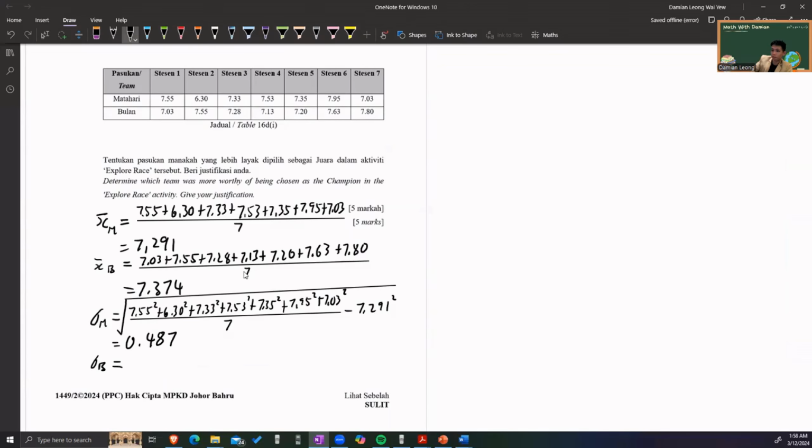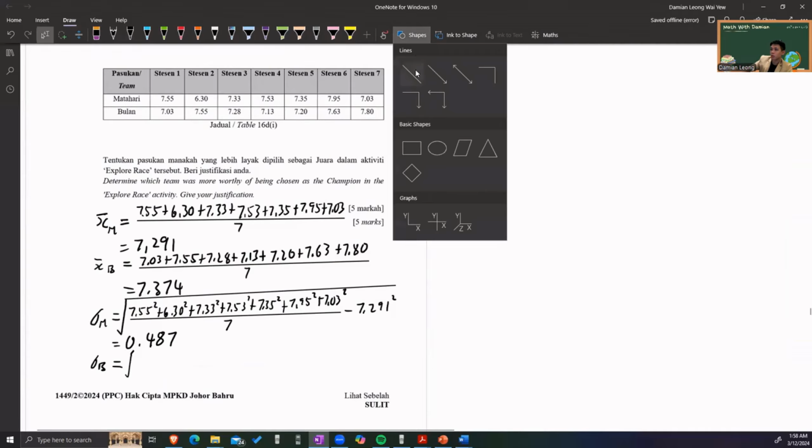For Bulan team, same formula. 7.03 square. Okay.